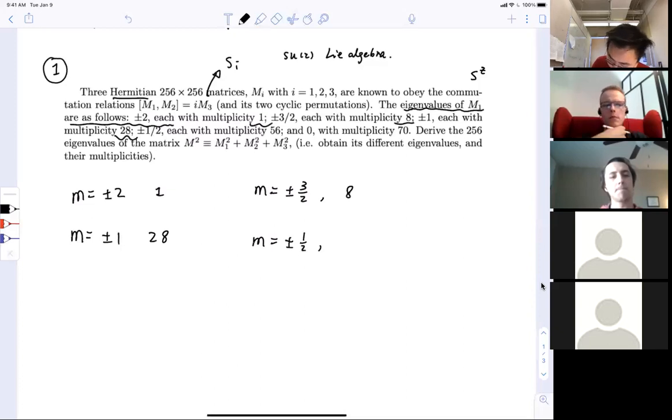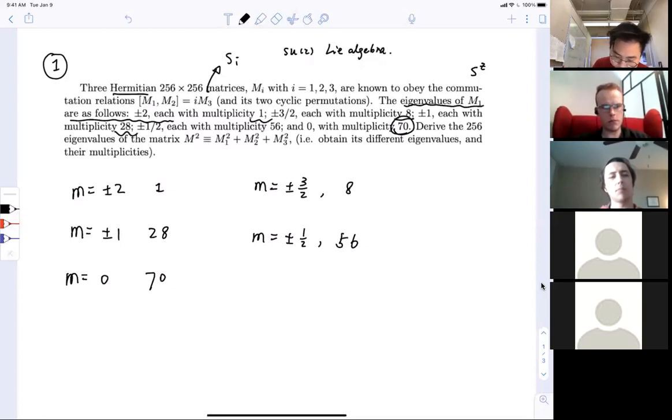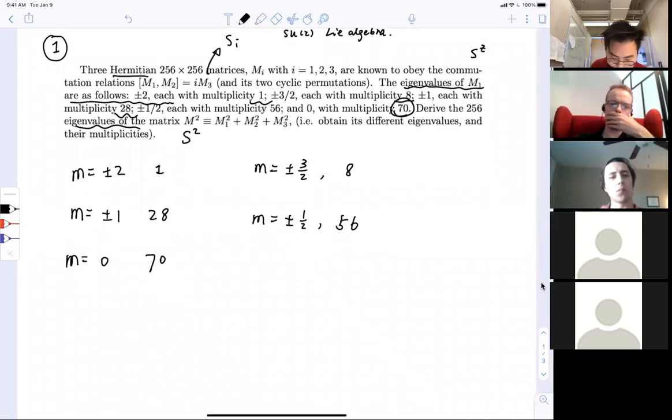I just copied this. Now we want to see what the eigenvalues are for the total S squared.